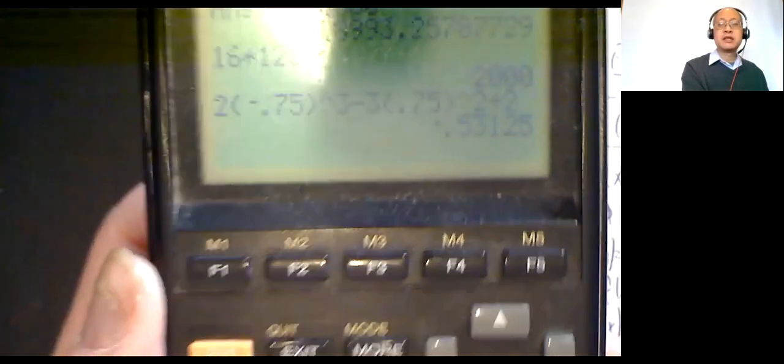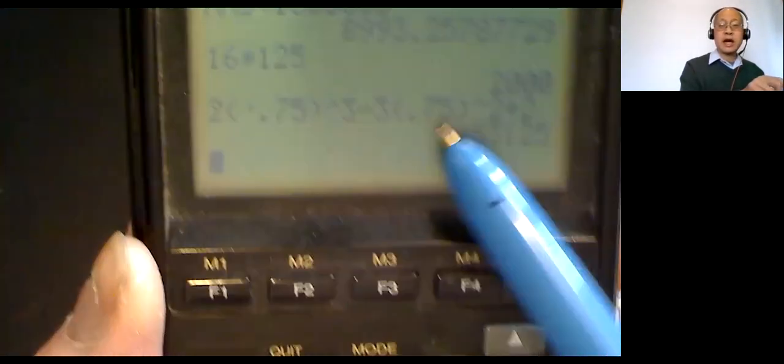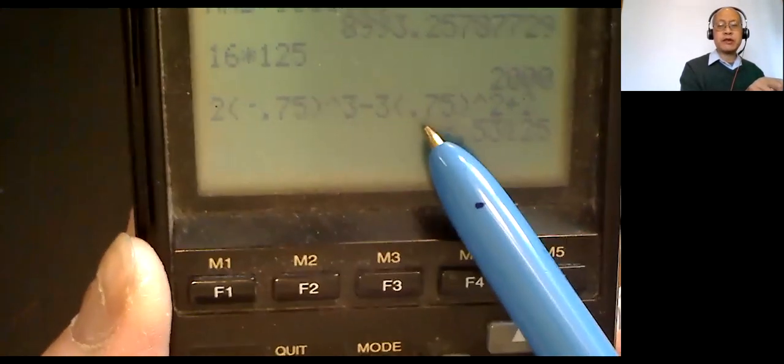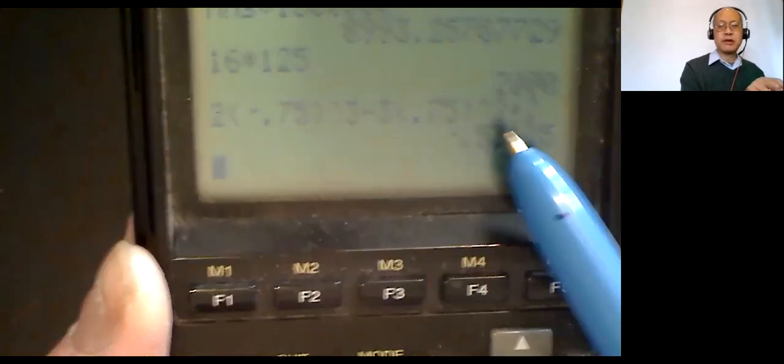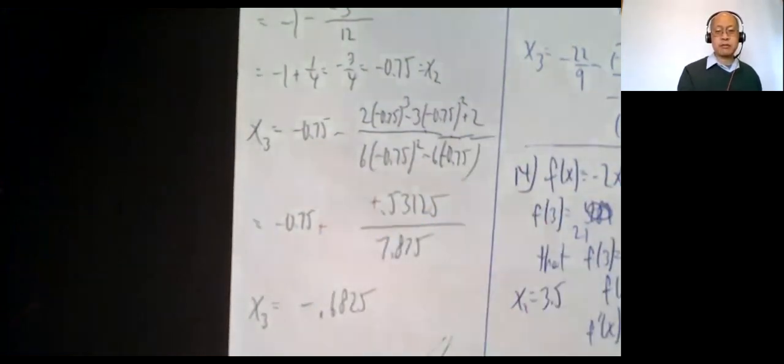The top is -0.53125. In case you're wondering, I left off the negative here because -0.75 squared is the same as 0.75 squared, so you get away with that. It's negative, but I'm going to have a negative here and a negative here, so it's a double negative. That's why I changed it to a positive there.